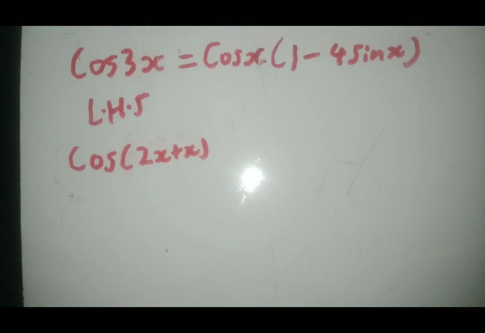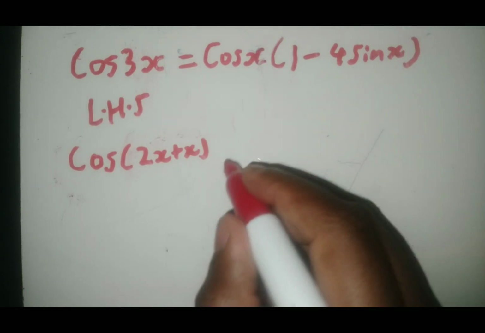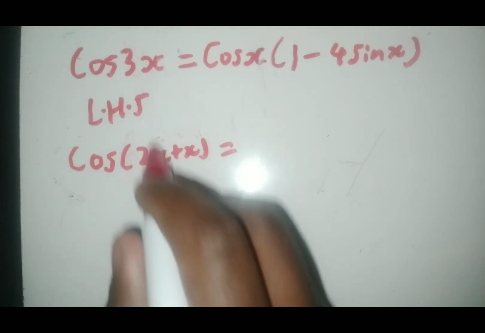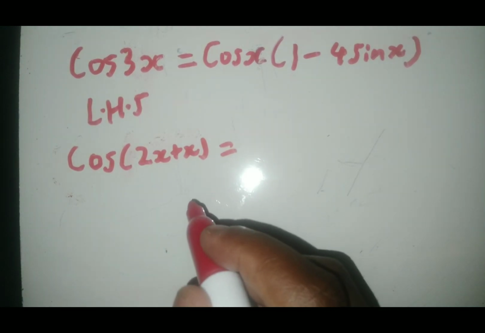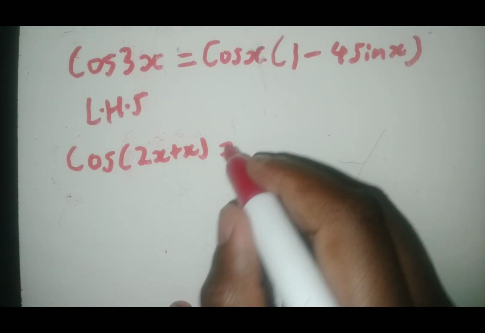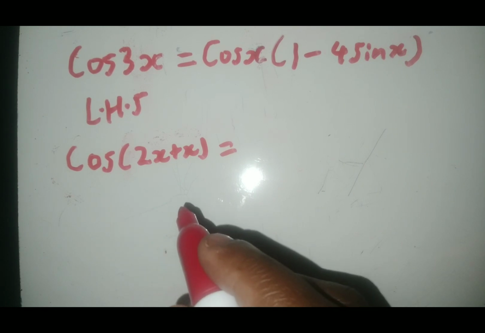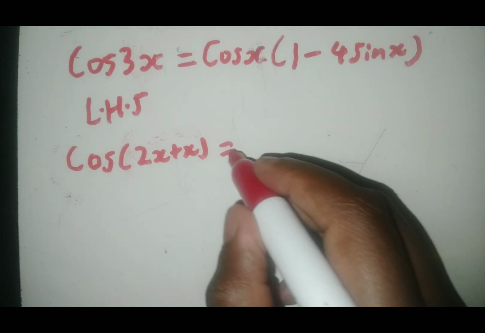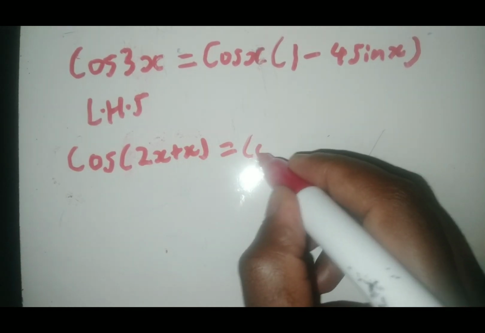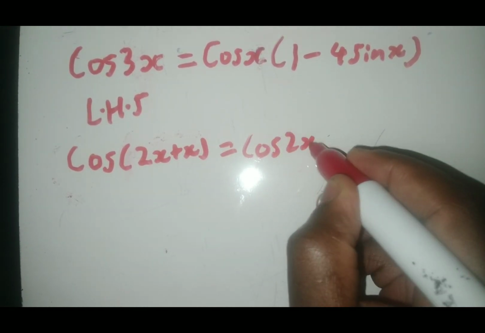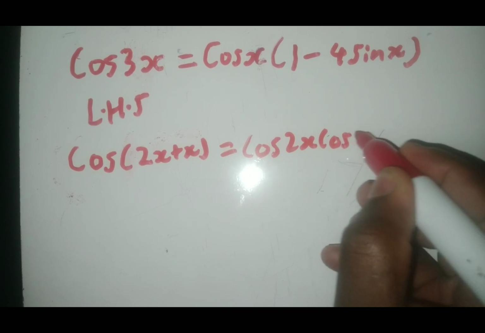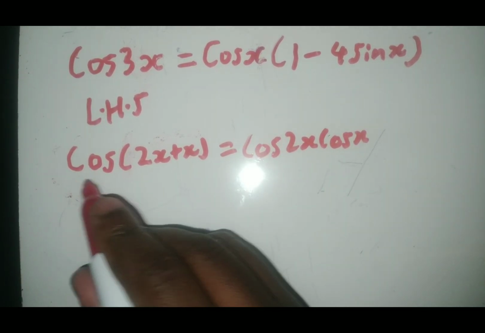And then from here, we're going to expand it using compound angles. So the purpose that we split it like that was so that we can expand it using compound angles. So using compound angles, we know that cos is cos cos, sine sine, while sine is sine cos, cos sine, right? So therefore this will be cos 2x cos x, and c for change.